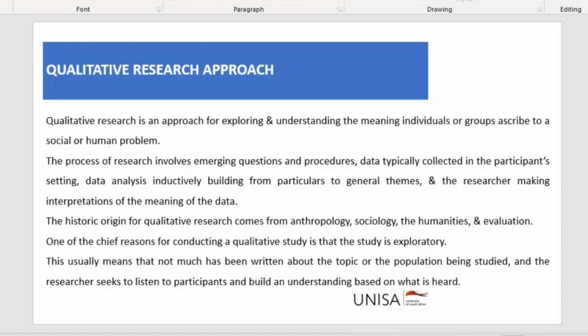Now, when you look at the qualitative research approach, generally it attempts to understand issues from the viewpoints of the participants, unlike the quantitative one. Quantitative is numbers. If you ever get to a stage where you want to compare the qualitative and the quantitative, just remember, quantitative is obsessed with numbers, and it's obsessed with testing objective theories.